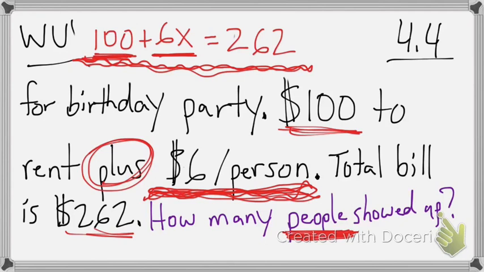An x is the people, because we don't know how many it's going to be. That's what we're looking for. The total means equal, and the total's 262. So you should subtract 100 and then divide by 6, and that would tell you how many people came to your party.